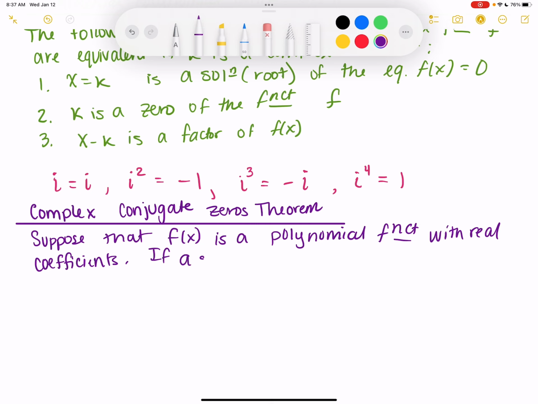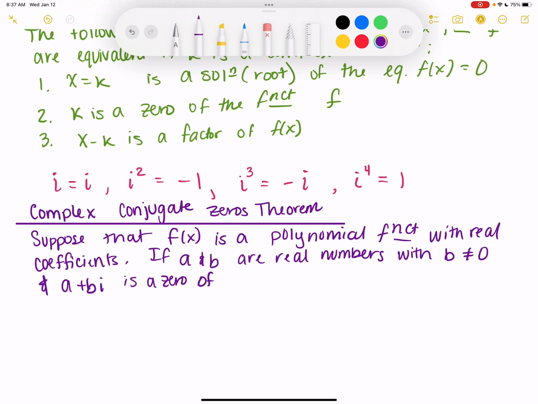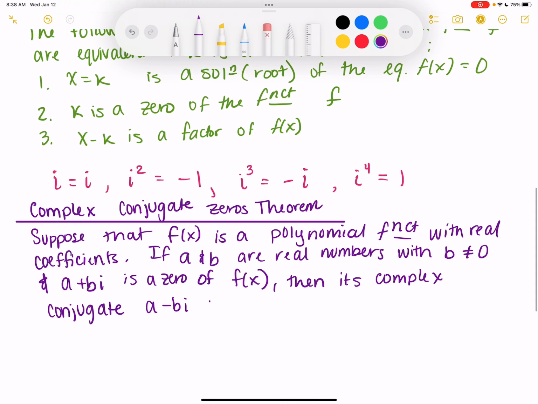If a and b are real numbers with b not equal to 0 and a plus bi is a zero of f of x, then its complex conjugate a minus bi is also a zero of f of x.